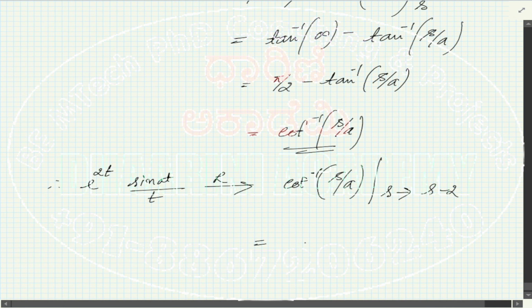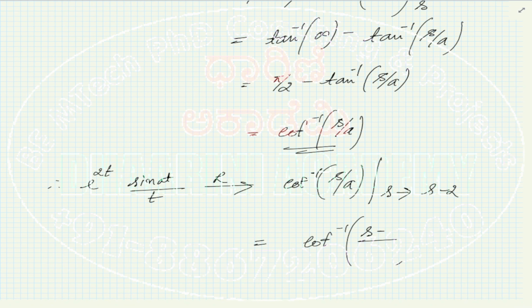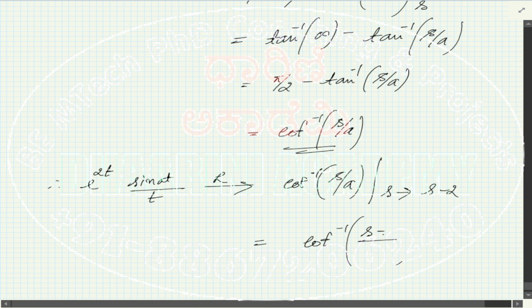So that is equal to cot inverse of s minus 2 by a. Not 2, a I guess, sorry. S minus 2 by a, my mistake. So this has to be s minus 2 divided by a. So this is the function.